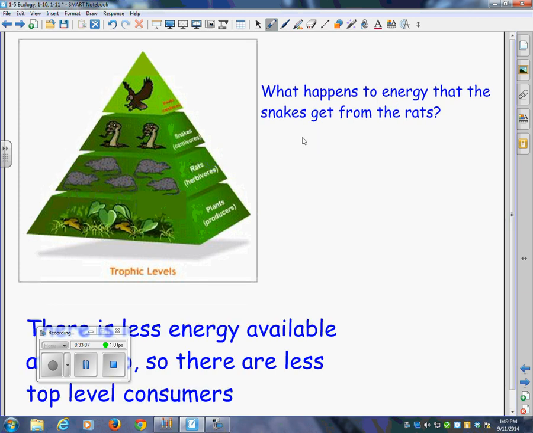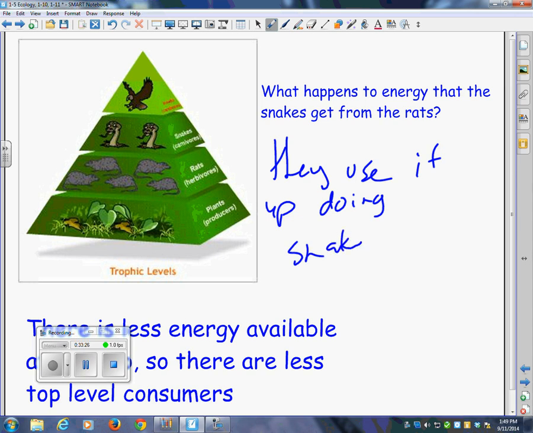What happens to energy that the snakes get from the rats? Guess what? They use it up doing snake things, whatever snakes do.